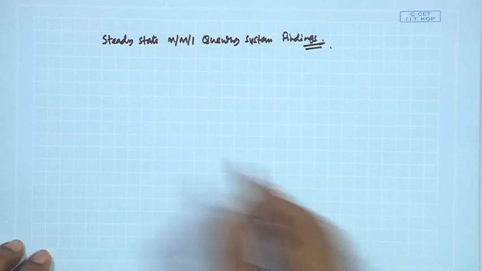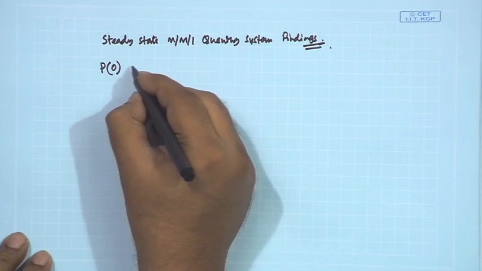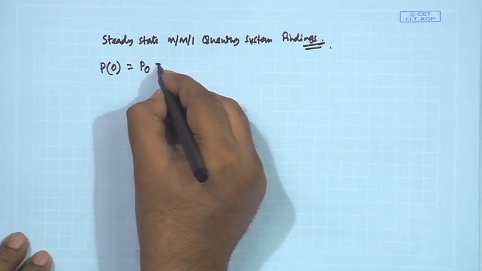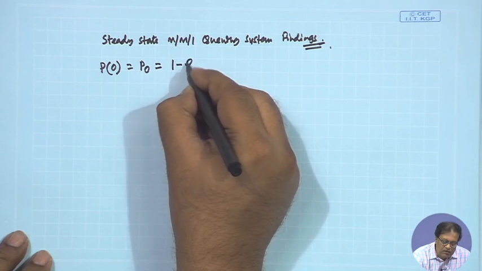First of all, P0 comes out to be 1 minus rho.